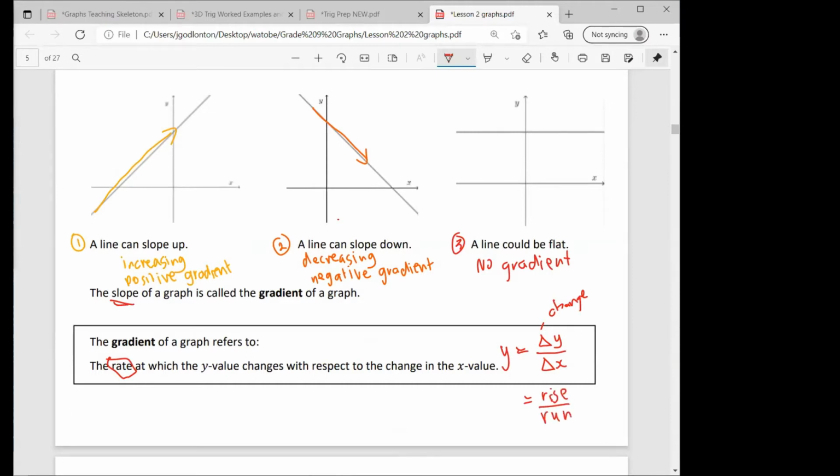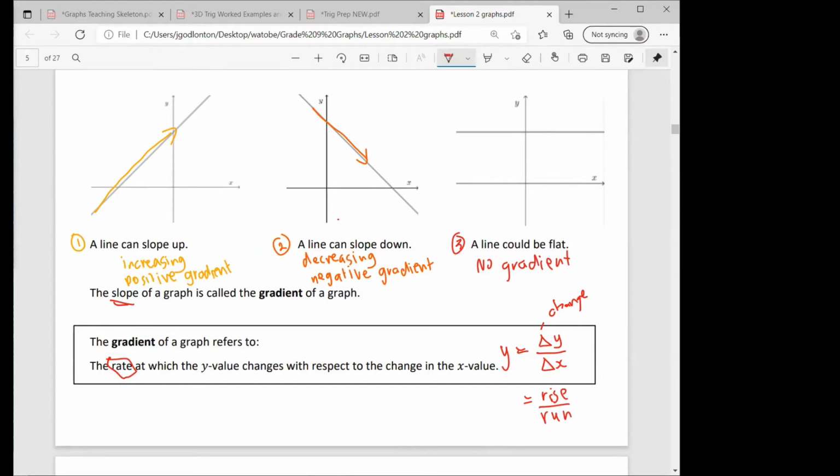Another way that some of your schools may have taught it to you is that it's our rise over our run. Can I get an idea in the comments who has already done gradients in class? Let me know. Who has done gradients in class? Okay, cool. Thanks, guys.